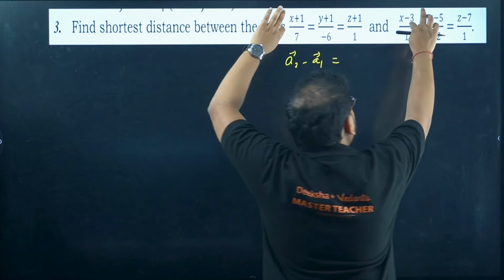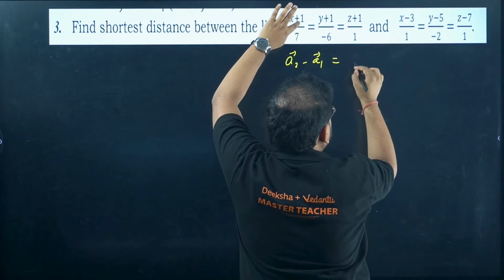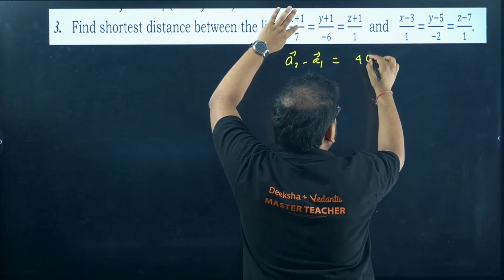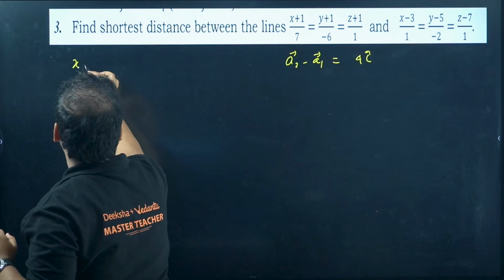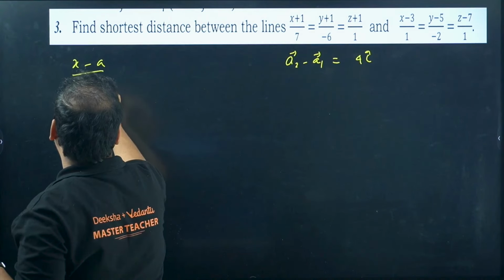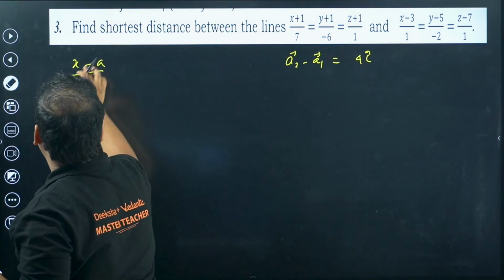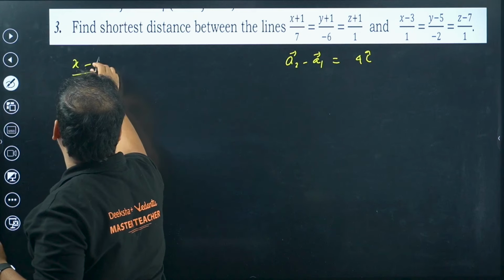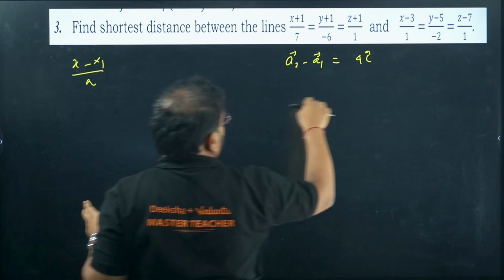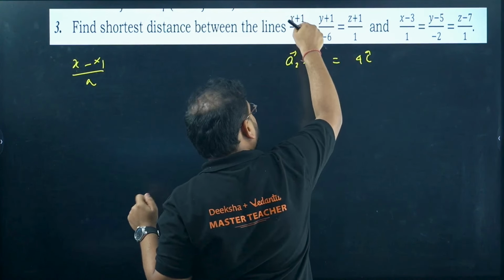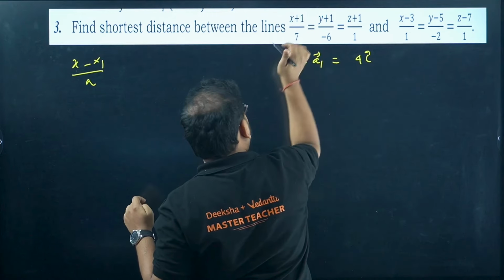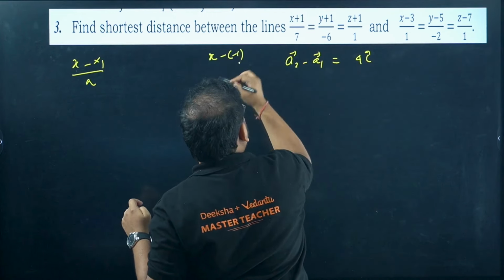Taking the difference, we have 3 minus of minus 1, that becomes 4i cap. How come, sir? Remember, the form is x minus x1 by a. Here the x1 value is 3, and here it is plus 1, which means it has to be minus 1.